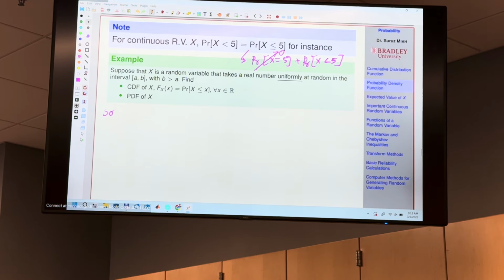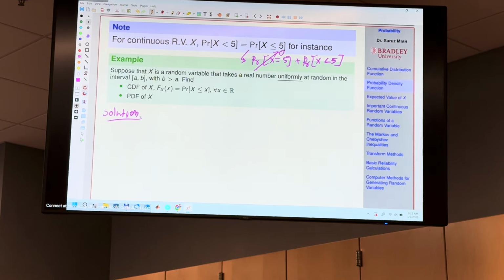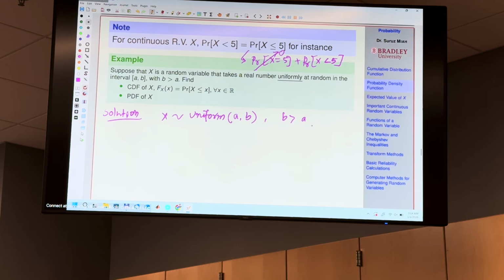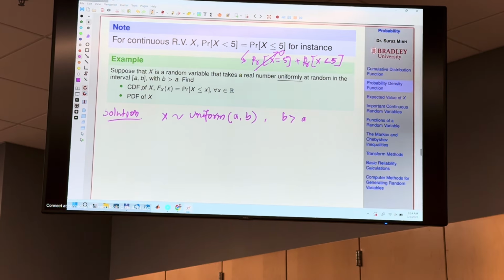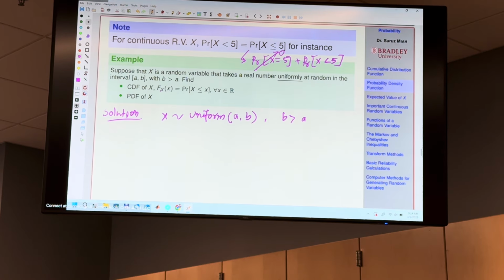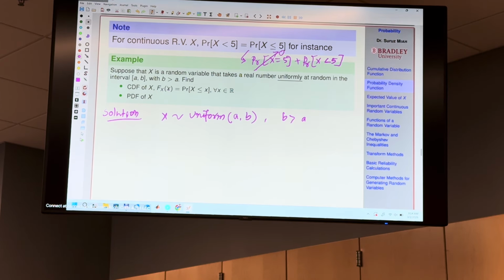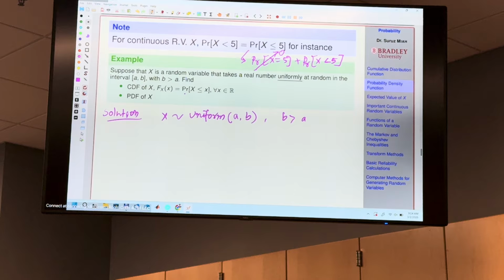So solution. x is a continuous uniform random variable taking value from interval a to b including a and b, where b has to be strictly greater than a. We want to find the CDF of the random variable, which by definition is F sub x, the mathematical function representing the CDF. So it's basically giving the probability of the event.